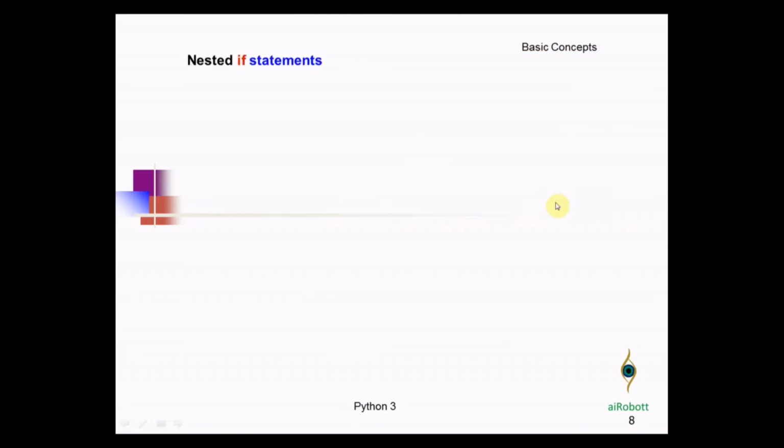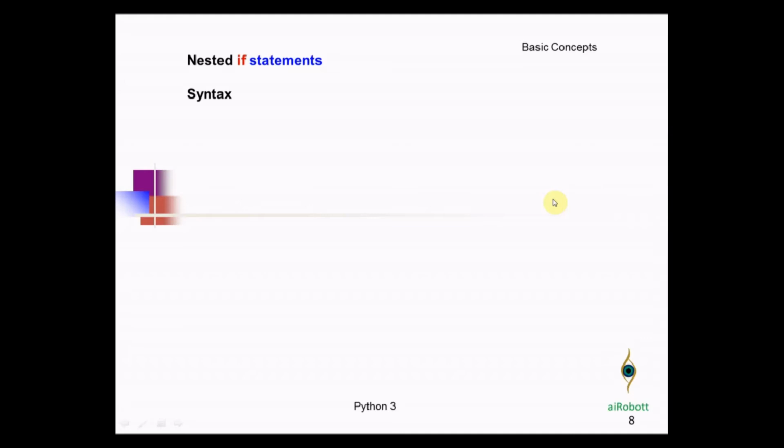The nested if statements. There may be a situation when you want to check for another condition after a condition resolves to true. In such a situation, you can use the nested if construct. In a nested if construct, you can have an if elif else construct inside another if elif else construct.